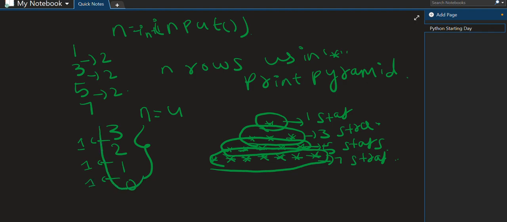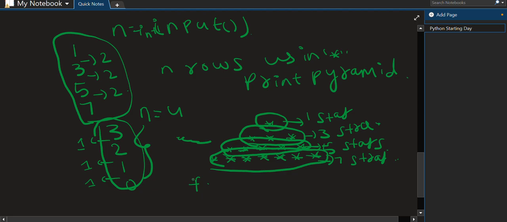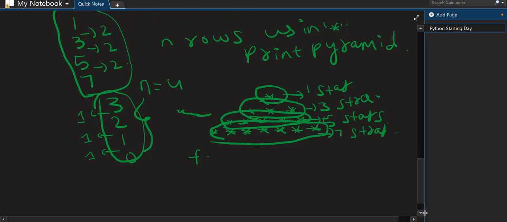With this information about spaces and stars, we have to find the logic to approach this problem and solve it using a for loop.